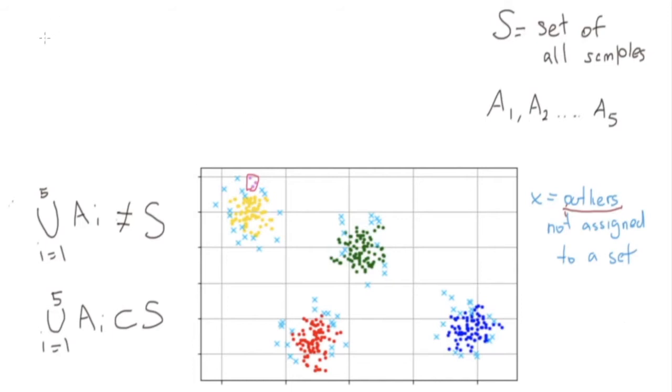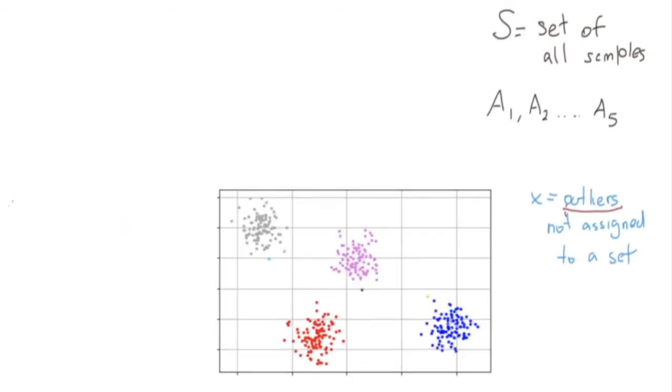Let's look at a different scenario. Here we have the same distribution of data samples, but a different assignment of the samples into sets. What you'll notice now is that we have a different number of sets. We have gray, pink, red, and blue, and then we have these little sets, light blue, a salmon pink color, green here, and yellow here.